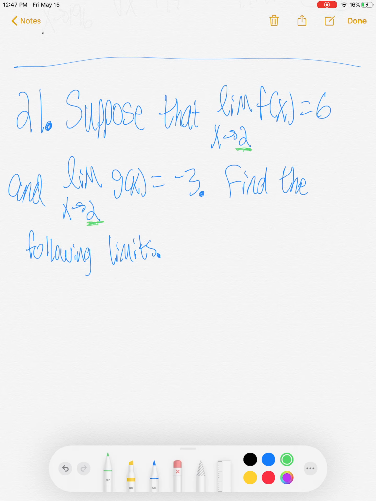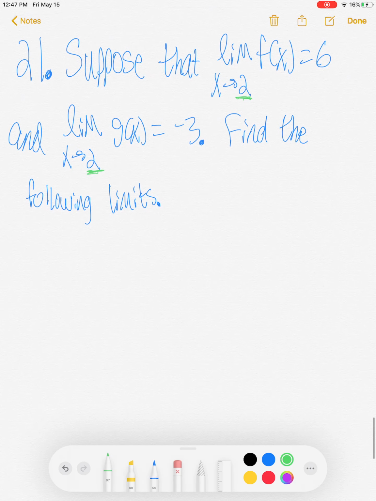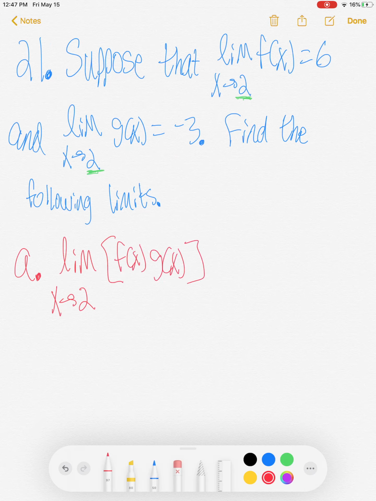There are four computations we're going to do here, and all four limits which we're going to compute are going to involve limits as x approaches 2. We know absolutely nothing about the limit as x approaches any other point. All that we know is information about what happens near 2.